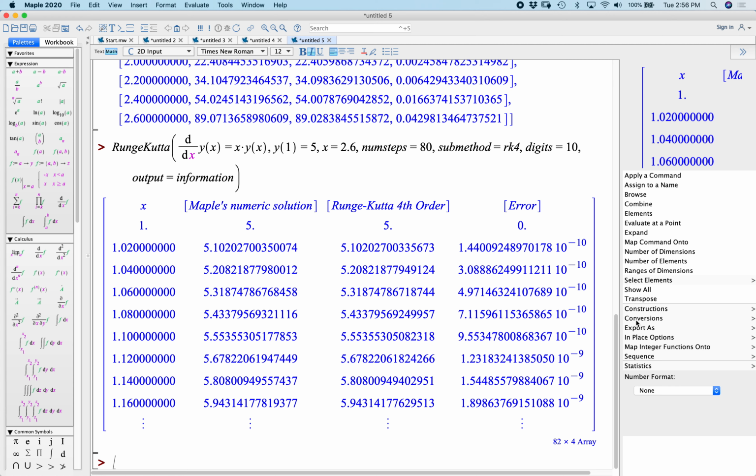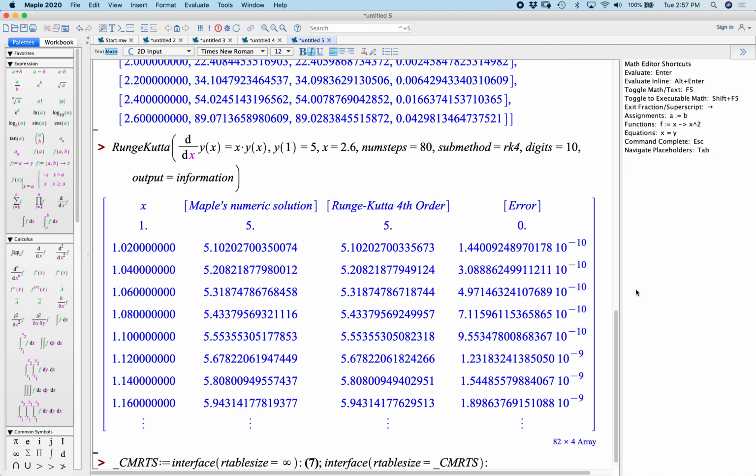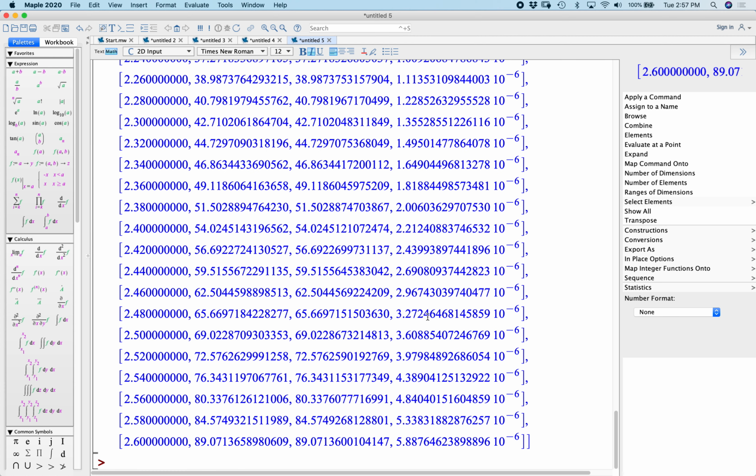If I look at the final result, and you'll notice you don't have the tabulate command, but we can show all. And guess what? In the case of Maple's answer, again, we have 89.0713. And then with the Runge-Kutta at not 8 steps, but 80 steps, we have 89.0713. And look at how minimal the size of the error will be.